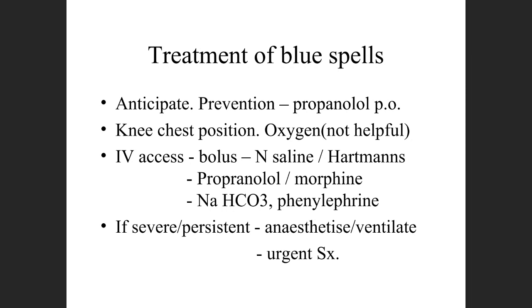The management in hospital in a patient having a blue spell is to give a bolus of normal saline or Hartmann solution and give intravenous propranolol, which will reduce the contraction of that muscle below the pulmonary valve and reduce the right to left shunt.